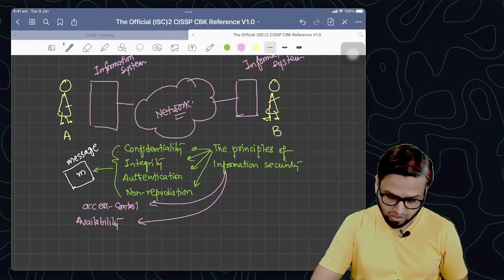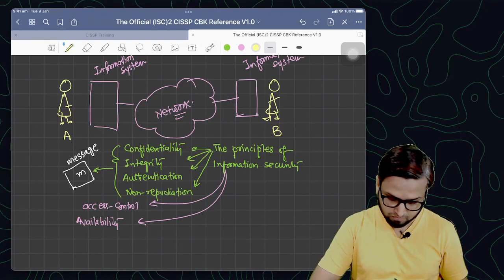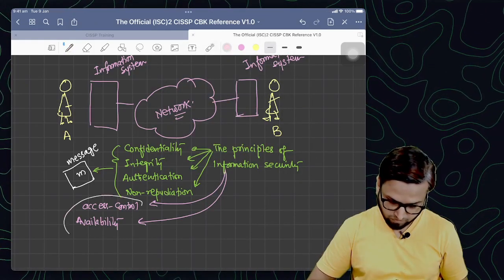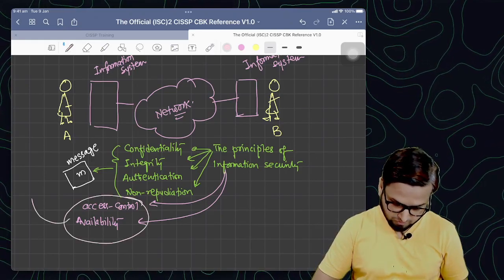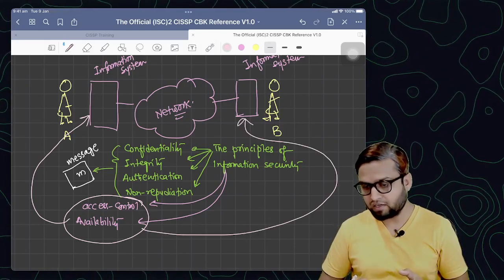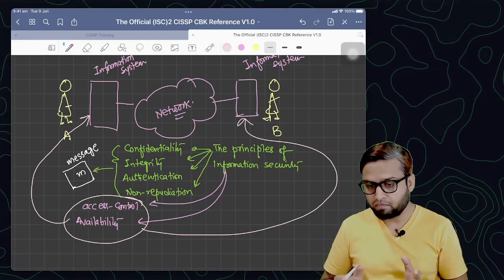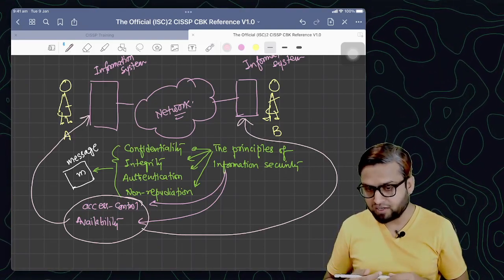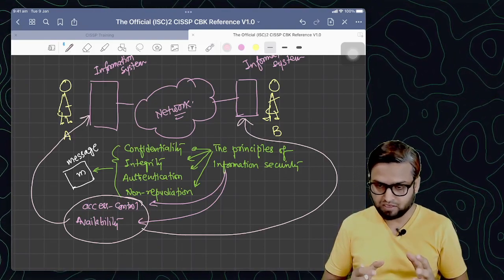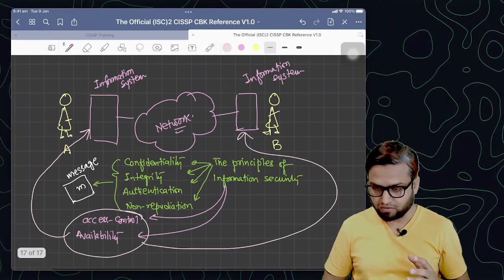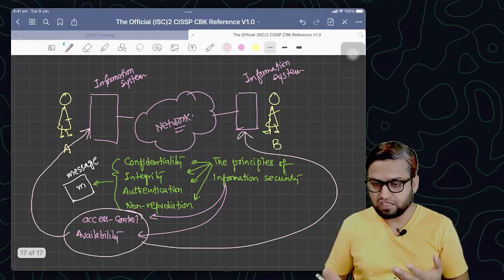They are somehow related to the information system, which facilitates or encompasses or participates in the communication of the message, right? So this is the distinction we should know.